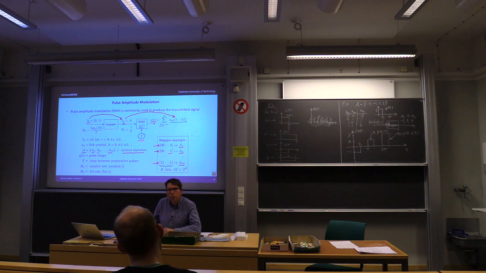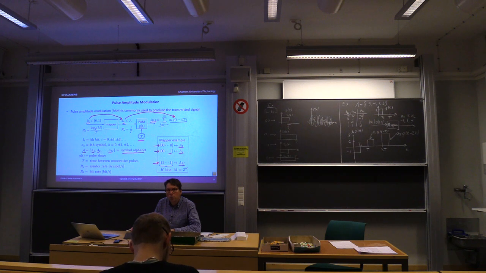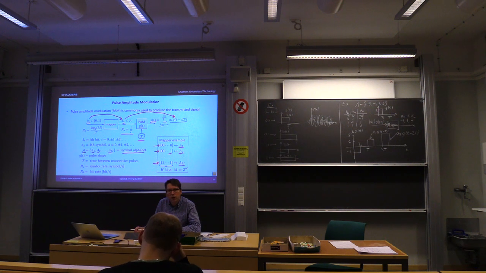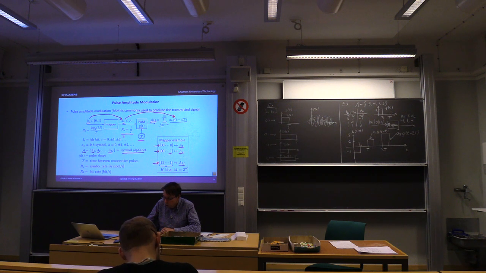Now, we transmit pulses every capital T seconds, right? So what is the rate? How many pulses per second do we transmit? Well, the symbol rate, or pulse rate, if you like, is 1 divided by capital T. So these are the number of symbols per second.